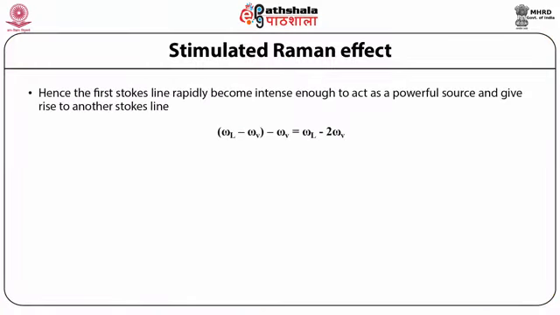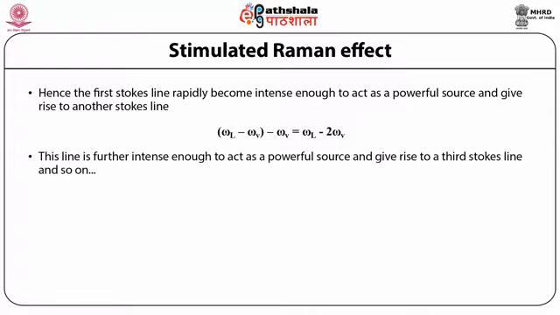So the power transferred to the first Stokes line, omega S equal to omega L minus omega nu, is related exponentially to the laser power at omega L. Hence the first Stokes line rapidly becomes intense enough to act as a powerful source and give rise to another Stokes line, omega L minus twice omega nu.